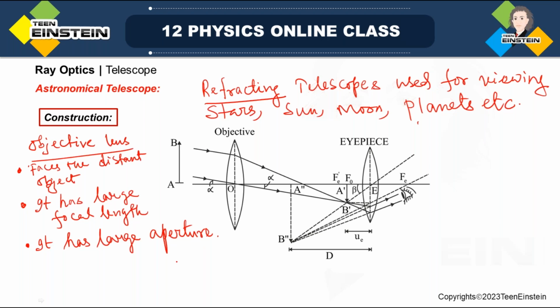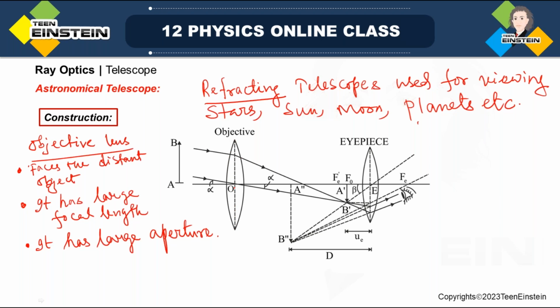To have a bright and prominent image, and to see everything clearly, the image has to be bright, isn't it? So the amount of light the objective has to collect is a very large amount.